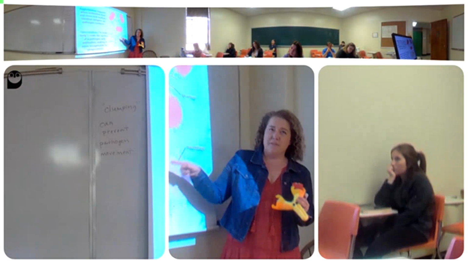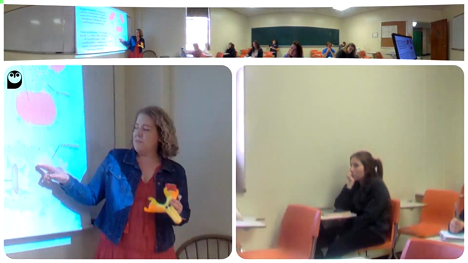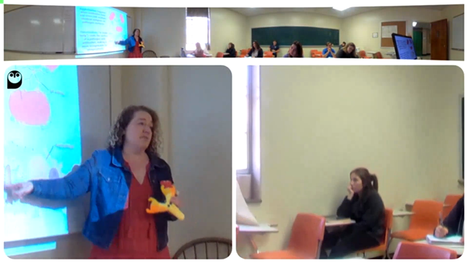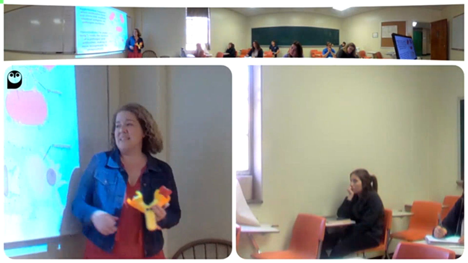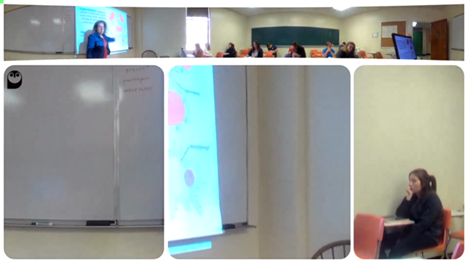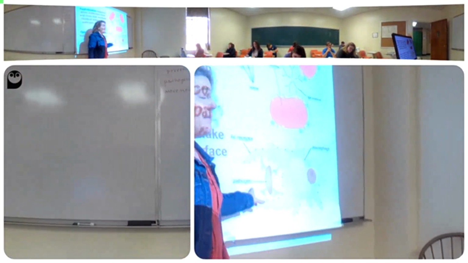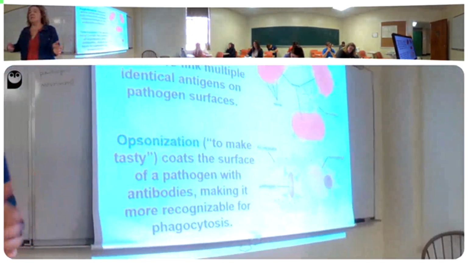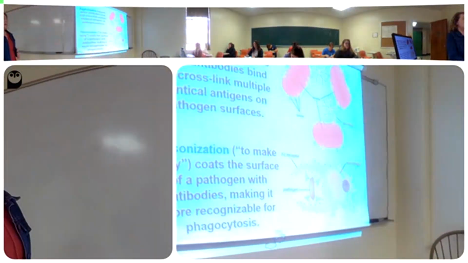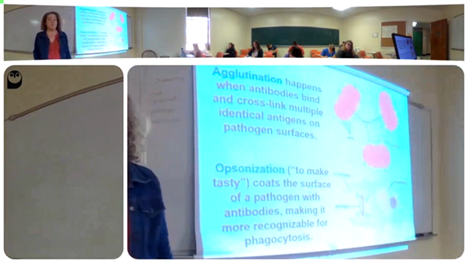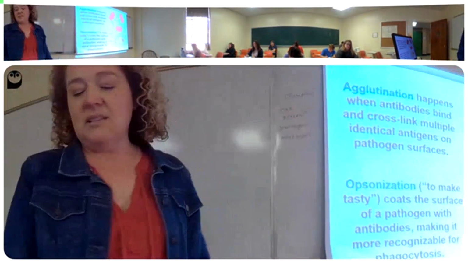And the most tasty looking thing for a macrophage to attack and eat is a pathogen with antibody all over it. That's called opsonization. So macrophages already like to detect these pathogens by their PAMP shapes and engulf them. But if they've got antibodies all over them, that will happen a lot faster. So antibodies make pathogens more recognizable for phagocytes to eat them more quickly. That's a helpful way.